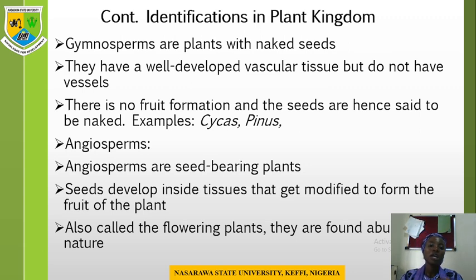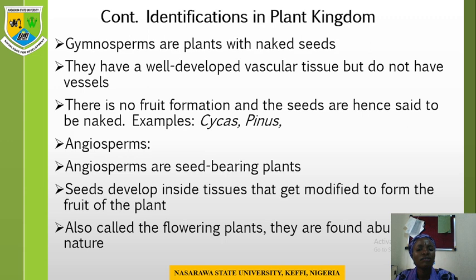angiosperm. Angiosperms are seed-bearing plants. Seeds develop inside tissues that get modified to form the fruits of the plant. They are also known as the flowering plants, and they are found abundantly in nature. That was one of the differences between angiosperm and gymnosperm.